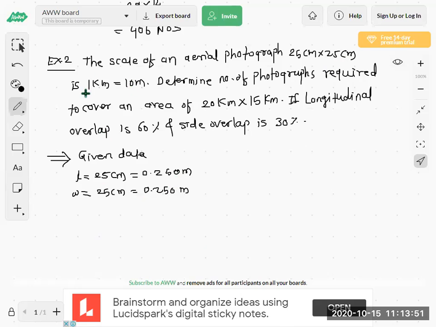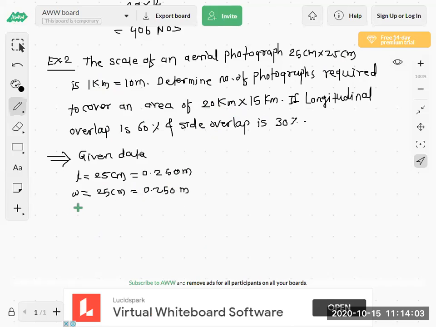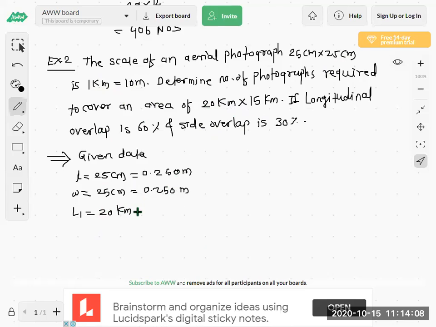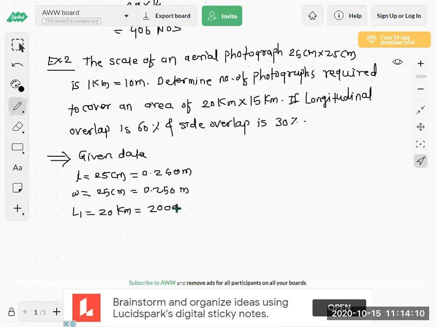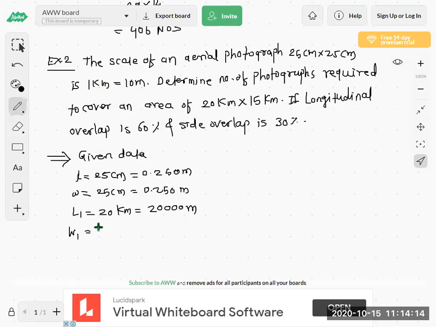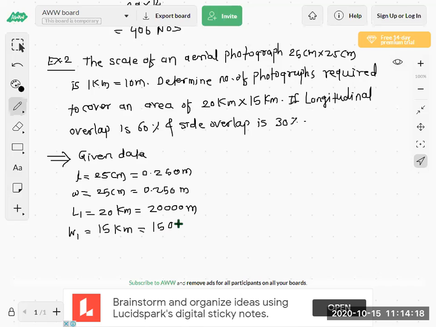That scale we will convert later on. Before that, we will see the area of ground. 20 kilometer by 15 kilometer, it means L1 is equal to 20 kilometer, which is 20,000 meter, and W1 is equal to 15 kilometer, which is 15,000 meter.